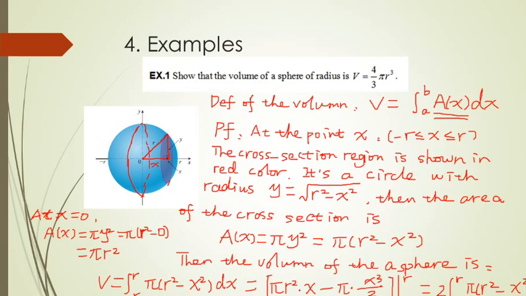So here from minus r to r, you can write twice from 0 to r. And you can work out, finally the answer is 4 pi r cubed over 3. Then we prove that the volume of a sphere should be 4 pi r cubed over 3. So that is the first example.